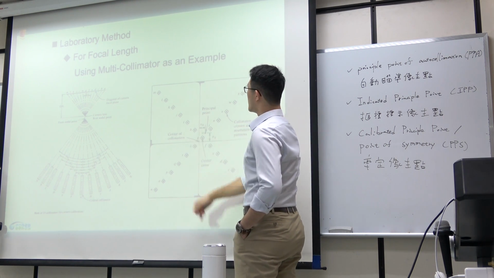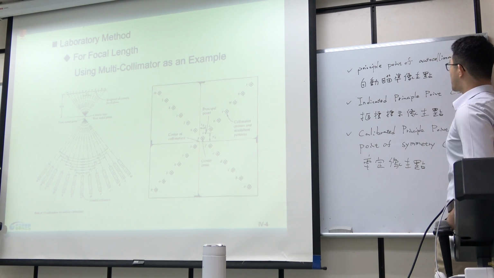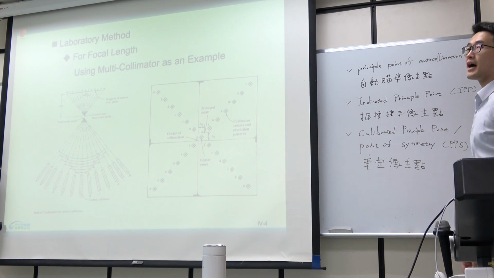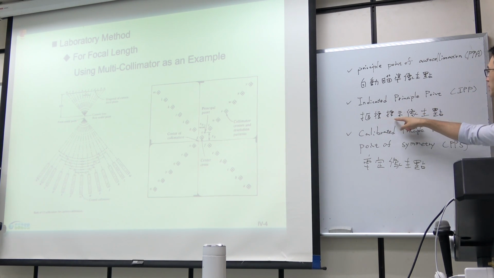And then the next thing is the principal point of symmetry, which will be close to these two. The first one is the indicated principal point, or IPP. This is called 光标标示相逐点, indicated principal point.